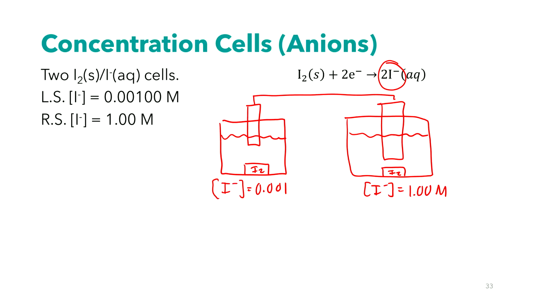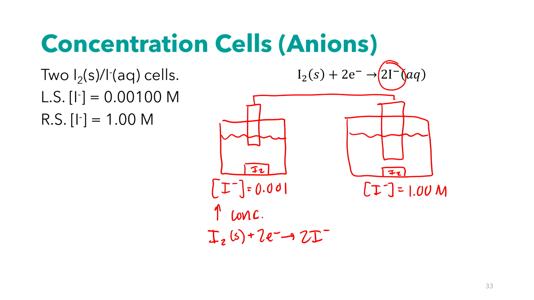All right, so to figure out which side is the anode and which is the cathode, I am going to say, what do I need to do to raise the concentration? I know that is the guiding principle. How do I make these two equal? Now, when I want to increase the concentration of I minus, that now means doing the reduction process, because my anions are produced in the reduction process.